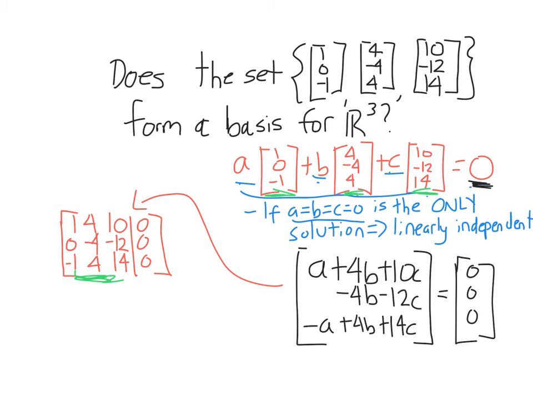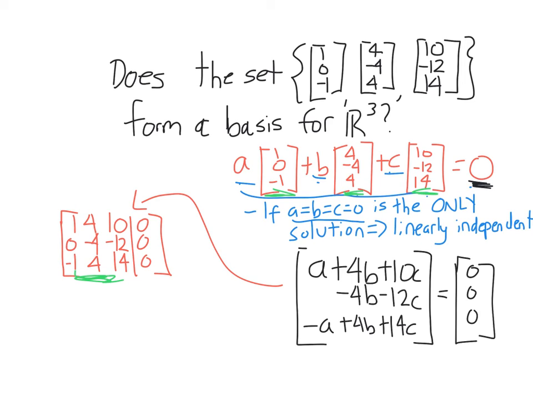Each vector is a different column of our coefficient matrix. We perform the row reduction algorithm until we either get a row of zeros or we get row reduced echelon form. I'm just going to skip over that part and give you the answer because you already know how to do that.